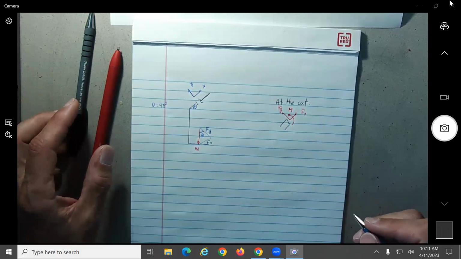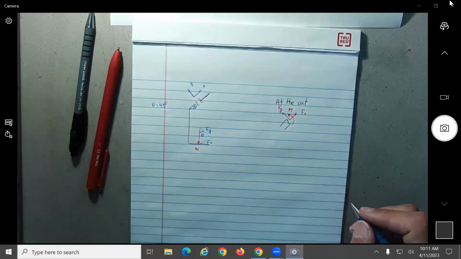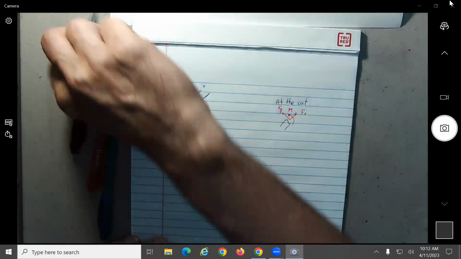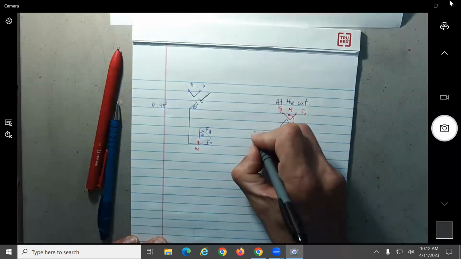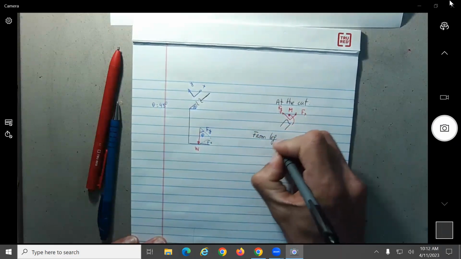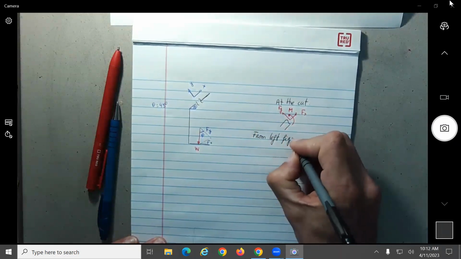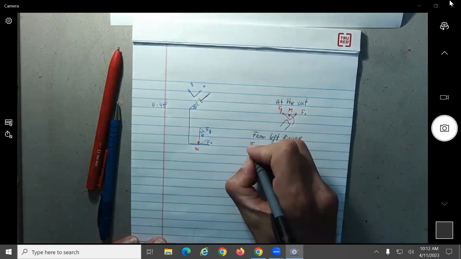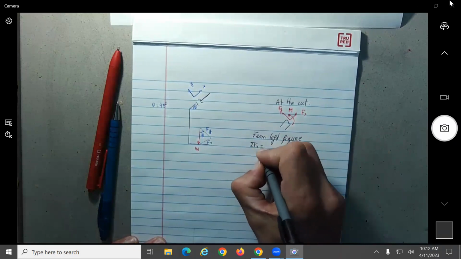If you need to do this force over here, then Fx will be equal to what? From the left figure, let's say the summation of forces in x equals 0.